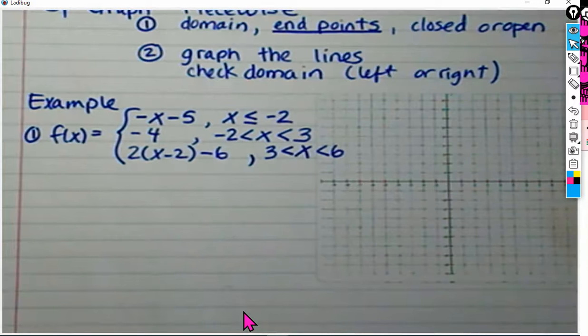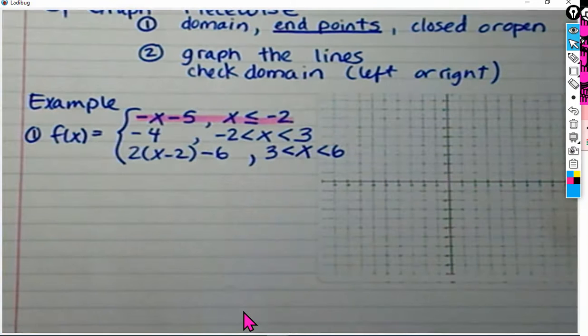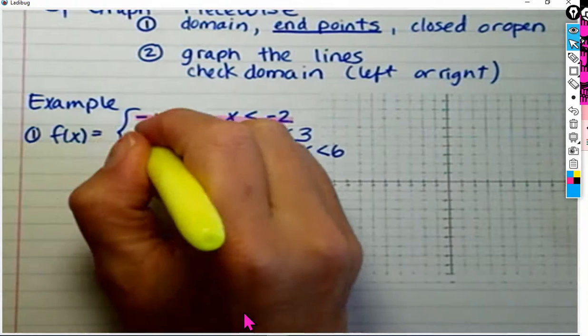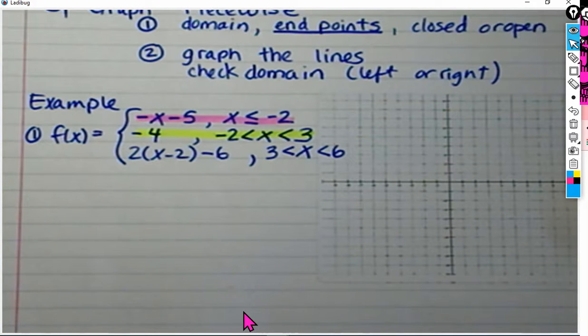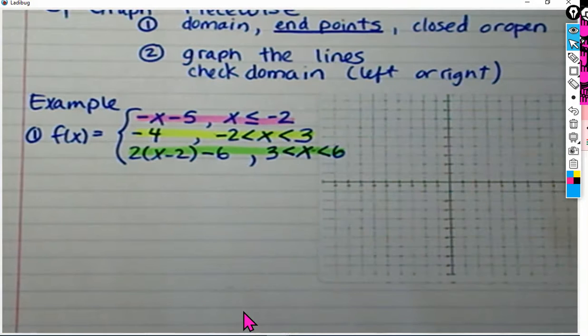Okay, there we go. I'm going to color code so that it's easy to distinguish which pieces we're talking about. Go pink, yellow, and green. Okay.